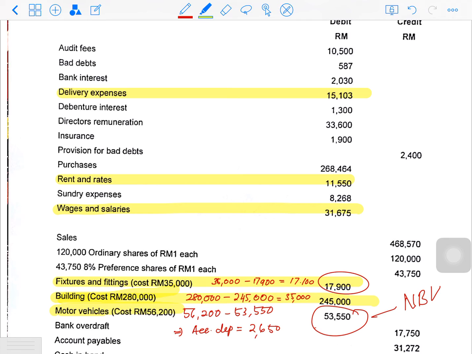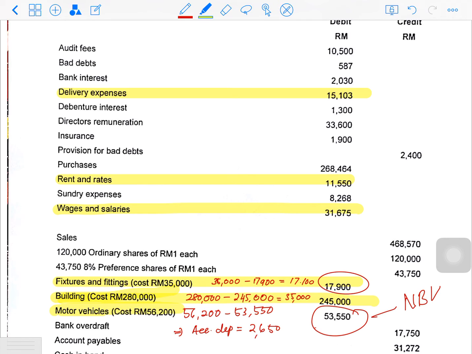So originally 11,550 minus 200, the total value now is 11,350.